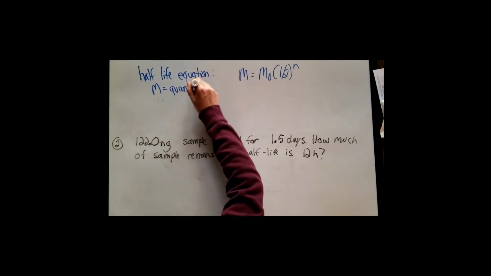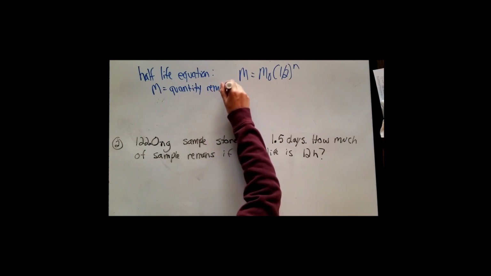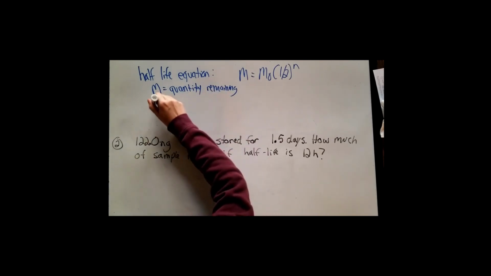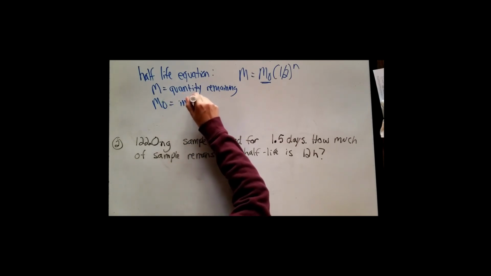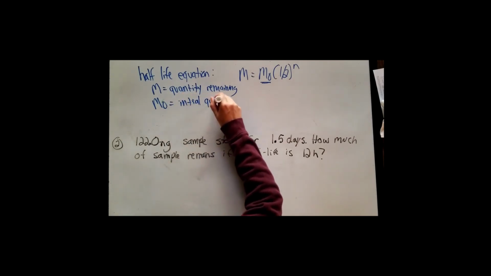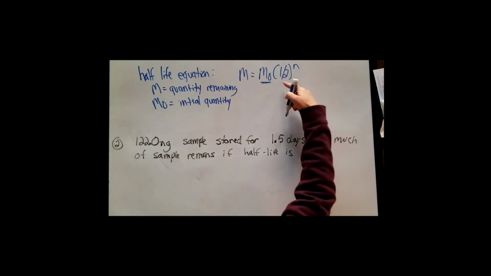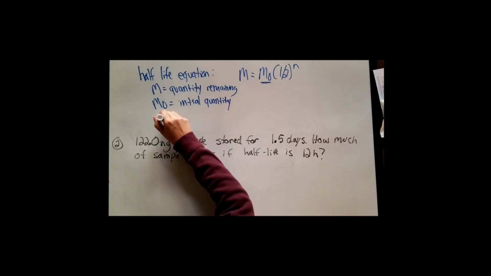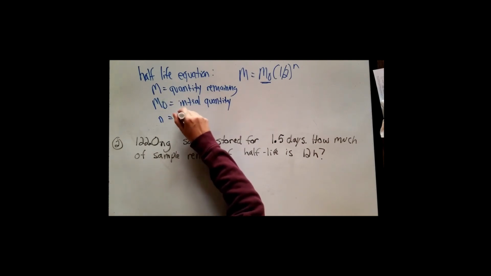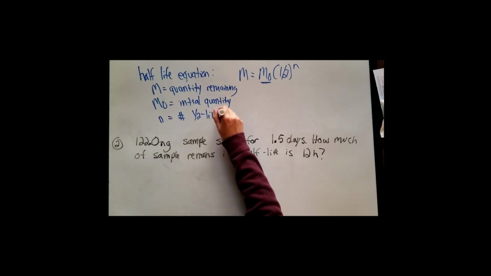The M0 is the initial quantity. What did we start with? 1/2 is 0.5, and it's raised to the nth power. That nth power is how many half-lives, the number of half-lives that have elapsed.